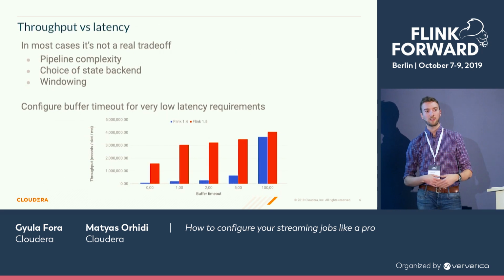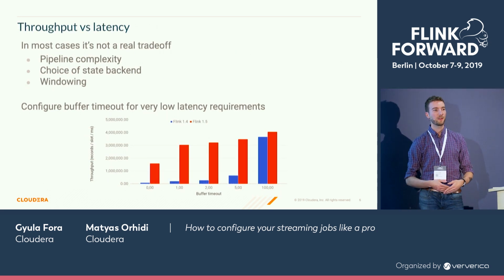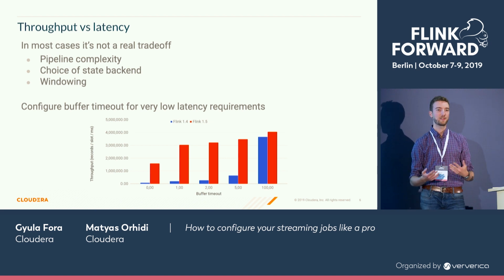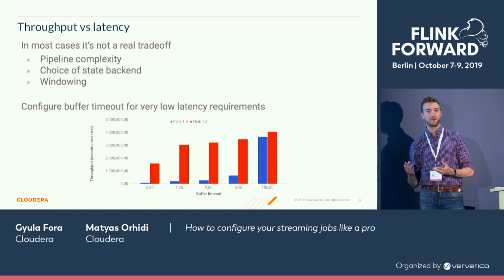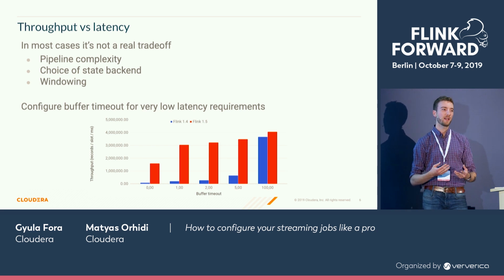Another question that comes up again and again in the context of throughput is the throughput versus latency trade-off. Most people tend to think that this is a deeply rooted trade-off in stream processing systems, and it might be technically true, but in reality, for most applications, it's not really a trade-off. We're actually building pipelines and adding operators that reduce the throughput and also increase the latency.